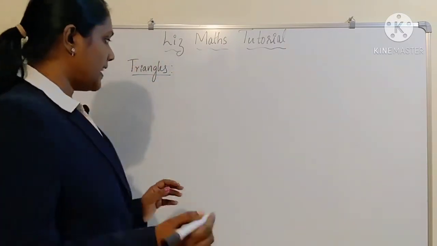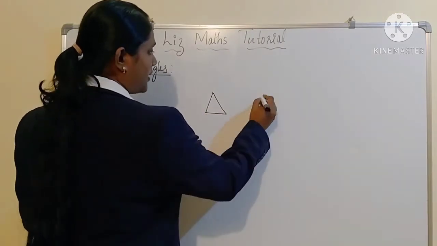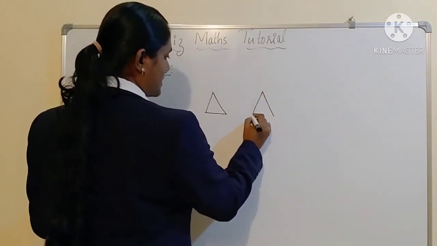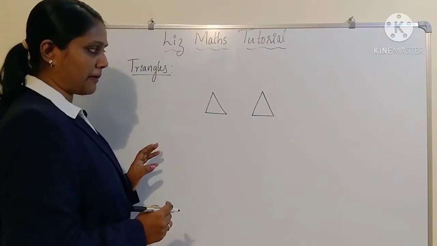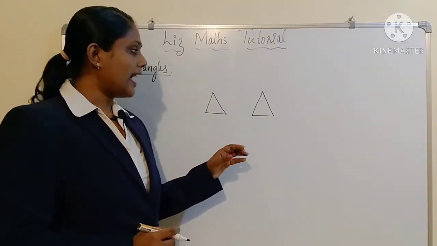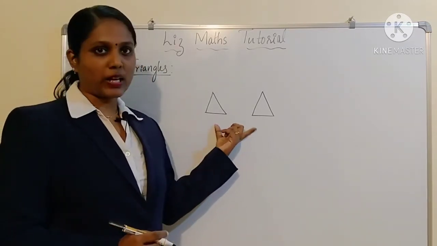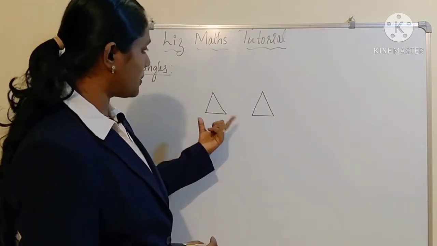See, if you see a shape, this is a triangle, and here also we can see the same size and same shape. The shape is the same, isn't it? Both are triangles, and the size is equal, isn't it? You can find these two are equal.